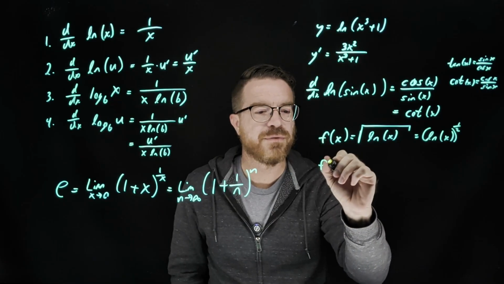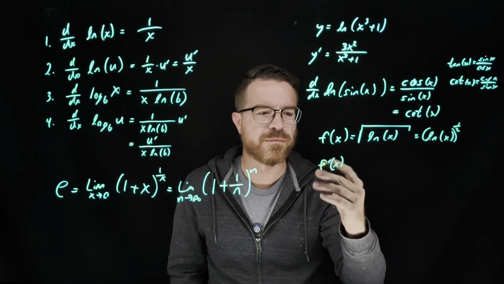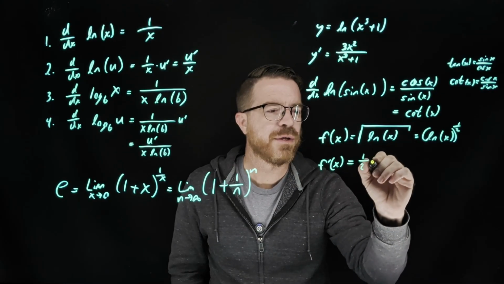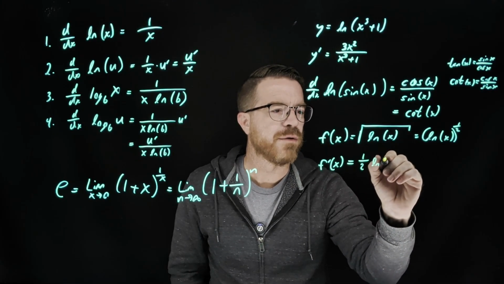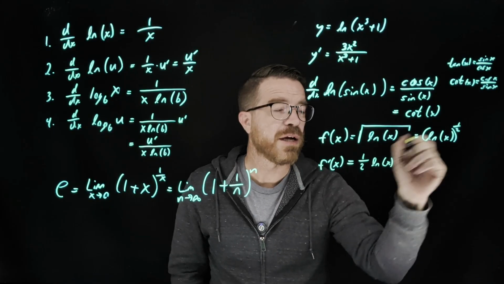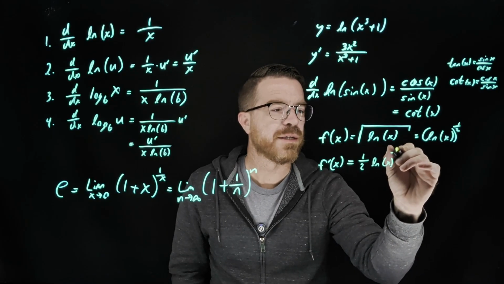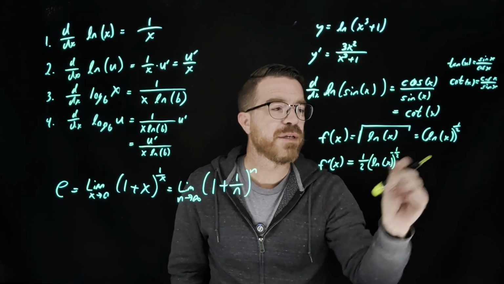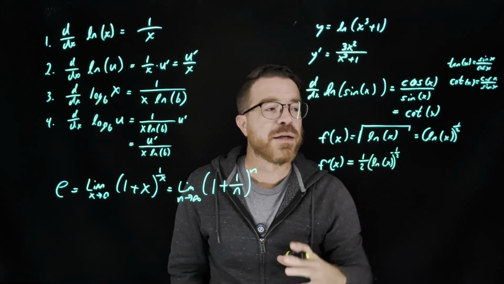So f prime is equal to, we bring down the 1/2, so 1/2 natural log of x, and then subtract 1 from 1/2, we get minus 1/2 power, and then we take the derivative of the inside term, which is natural log of x.